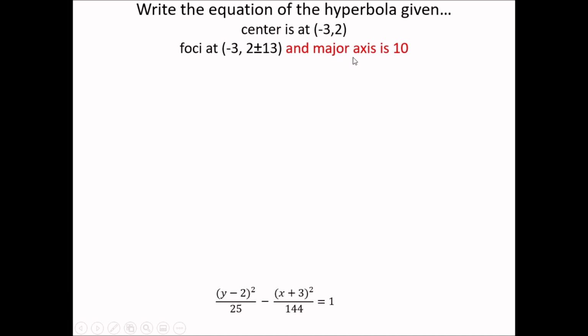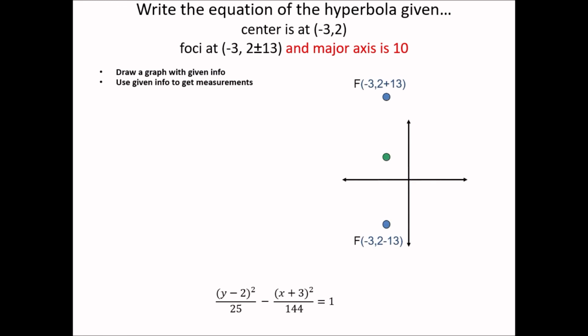Ibig sabihin, yung A natin is 5. Same din siya. Mag-graph muna tayo. So, nakita na yung foci. 2 plus 13, that is 15. So, negative 3, 15. Here is negative 3, 11. Negative 3, negative 11.